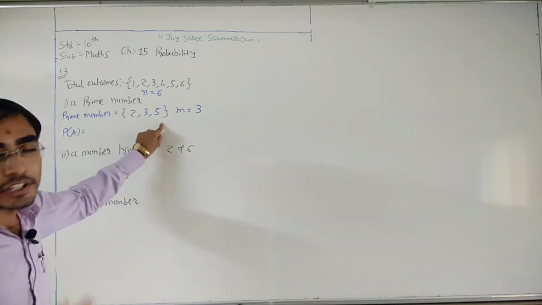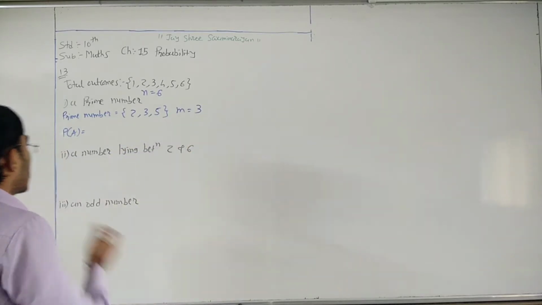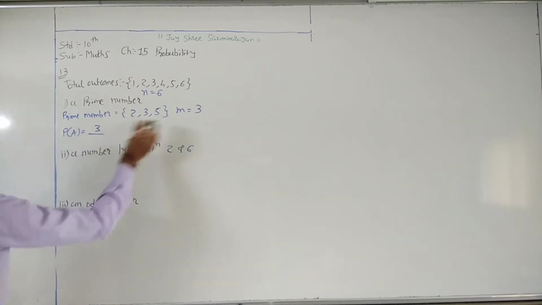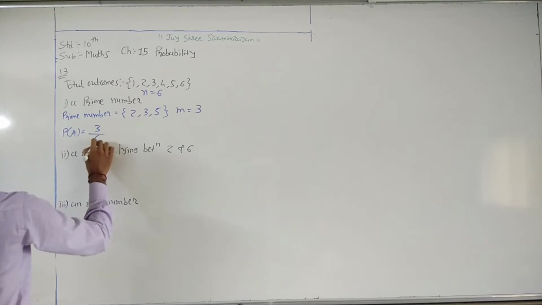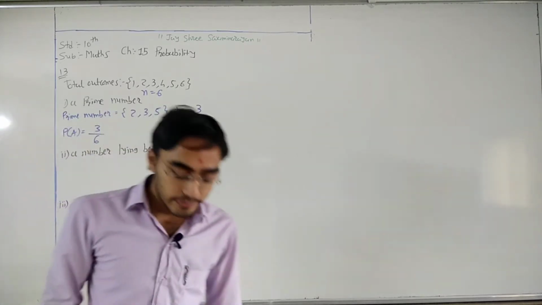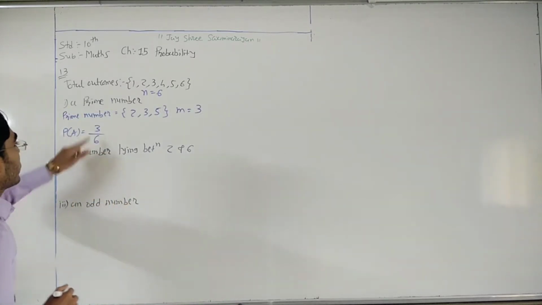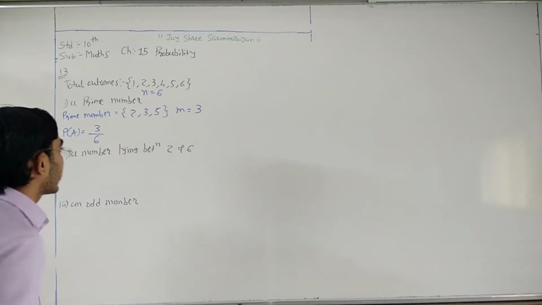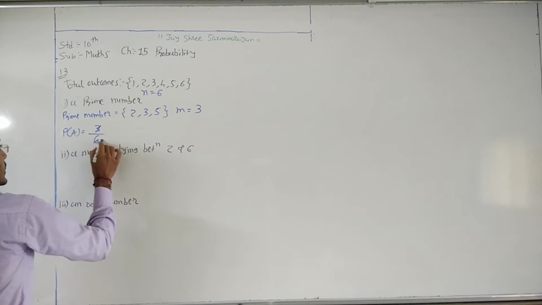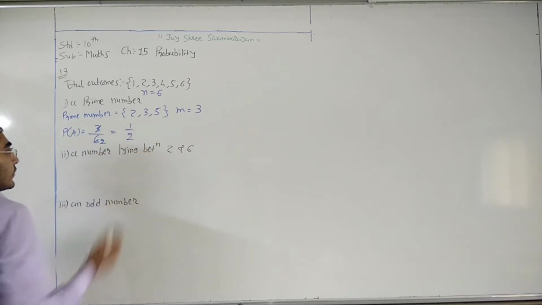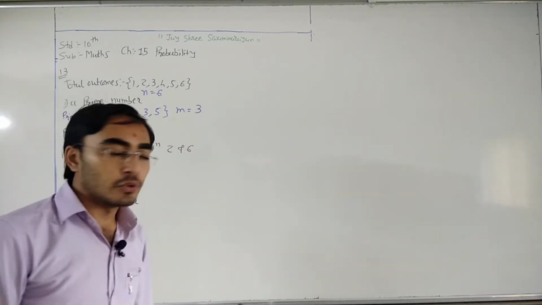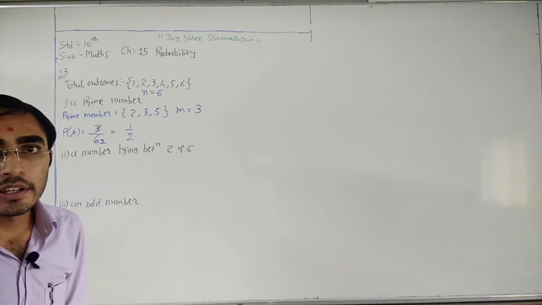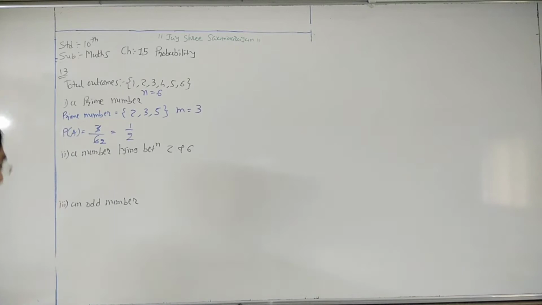Now probability is favorable outcomes 3 divided by total number of outcomes 6. So 3 by 6. Now 3 2s are 6, so the final answer is 1 divided by 2.